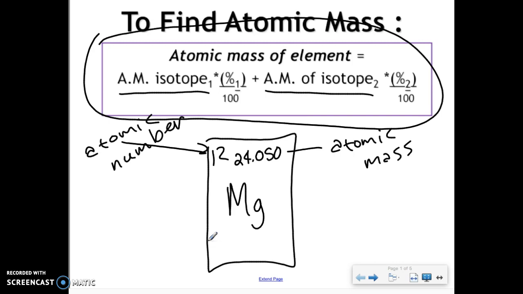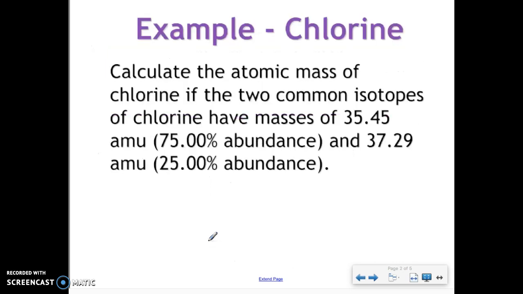All right, let's do an example problem. This example is going to deal with chlorine. It says calculate the atomic mass of chlorine if the two common isotopes of chlorine have masses of 35.45 AMUs, and then they give us the percent abundance. There's 75% of that one.